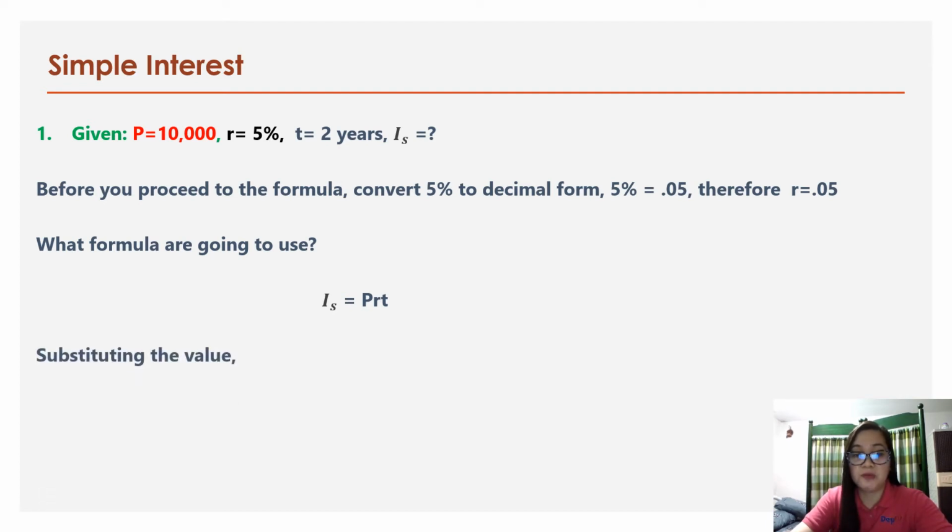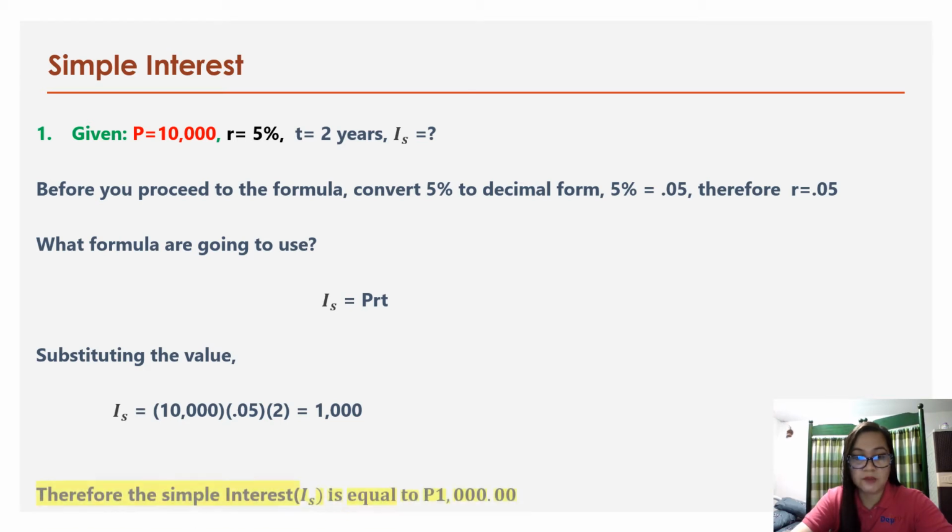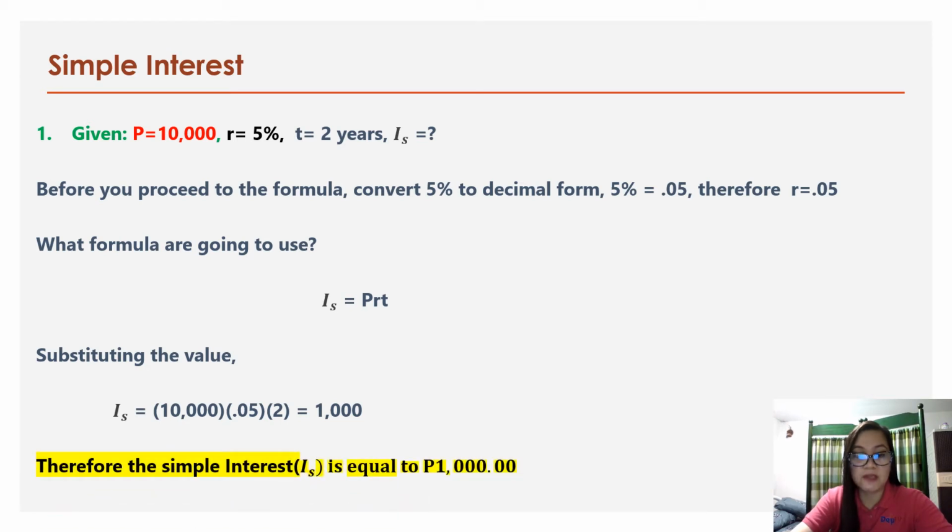So substituting the value, I sub s is equal to P is equal to 10,000, rate is now converted to 0.05, and the time is 2 years, which if we're going to multiply those, you will come up with the answer 1,000. So therefore, the simple interest is equal to 1,000 pesos.